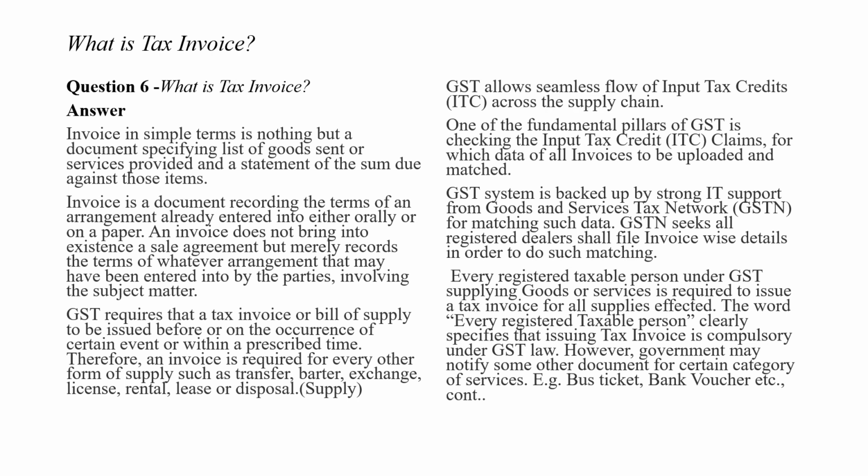All registered dealers shall file invoice-wise details in order to do such matching. Every registered taxable person under GST supplying goods or services is required to issue a tax invoice for all such supplies effected. The words every registered taxable person clearly specify that issuing tax invoices is compulsory under GST law.